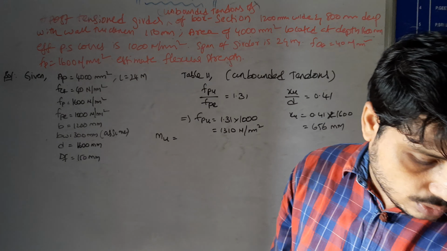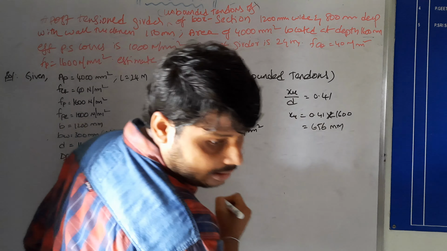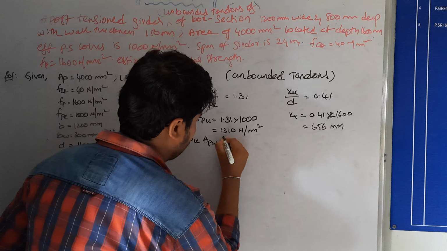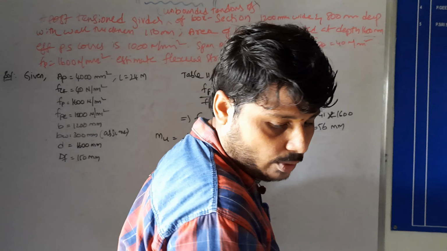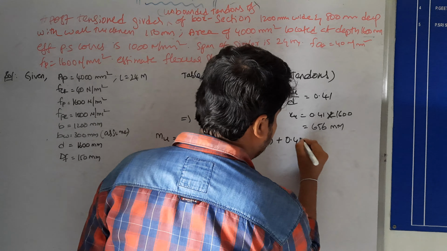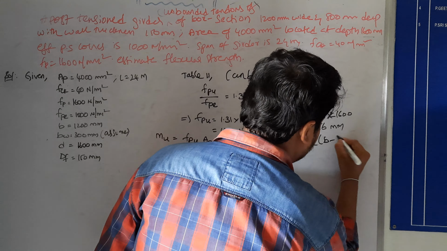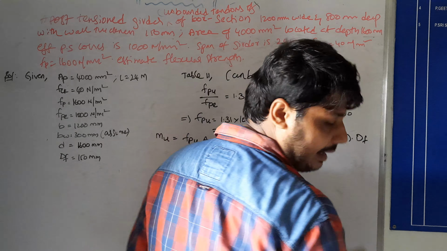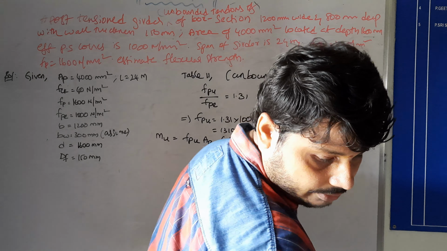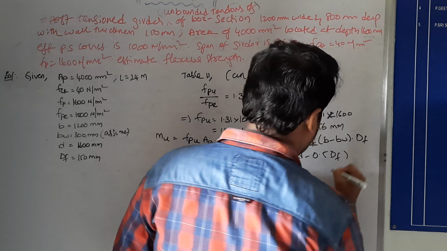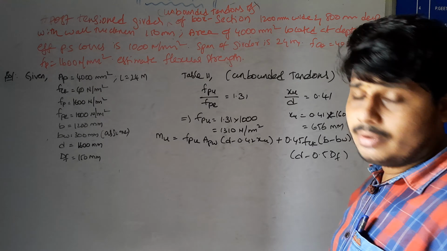So Mu is equal to FPU APW into D minus 0.42 XU, plus 0.45 FCK into B minus BW into DF into D minus 0.5 DF. So this is the formula for the T section.